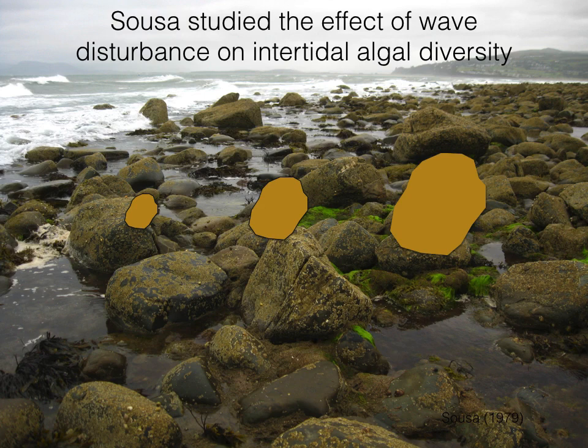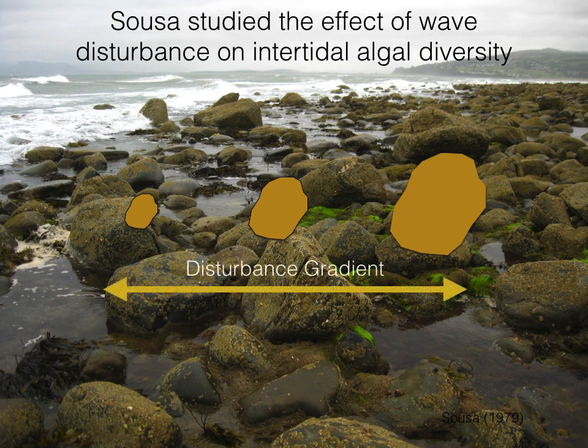And then he also looked, of course, at intermediate sized boulders, which in this schema received sort of intermediate levels of disturbance. So let's take a look at his data. So he argued that this established a disturbance gradient from very frequent disturbances in small boulders to very infrequent disturbances on large boulders.